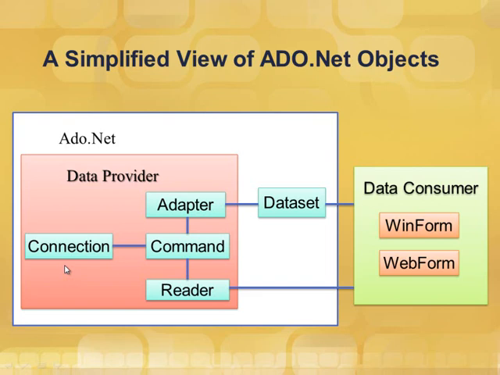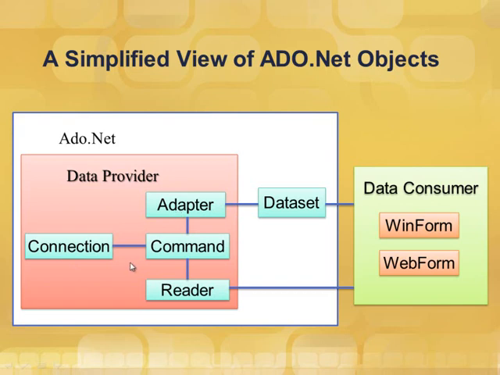It could be a SQL command, a stored procedure, or a direct interaction with the tables in the database. So the command object knows how to use the command. The other two are there for either the connected or disconnected way of establishing the connection with the database.